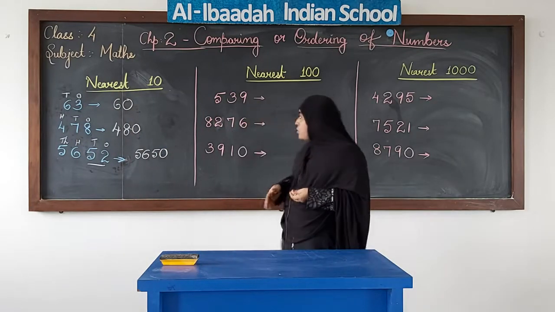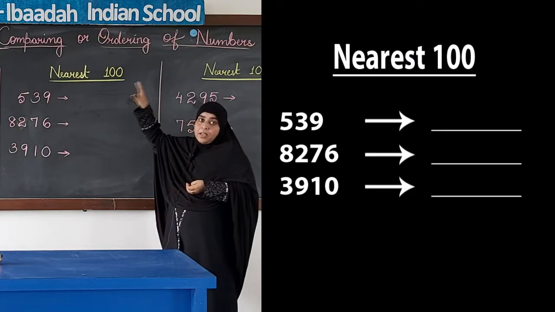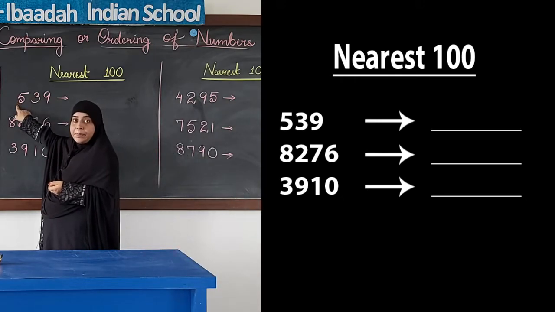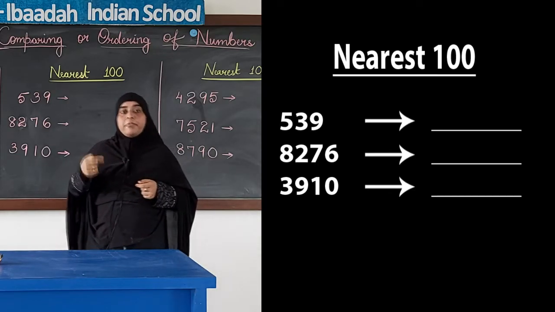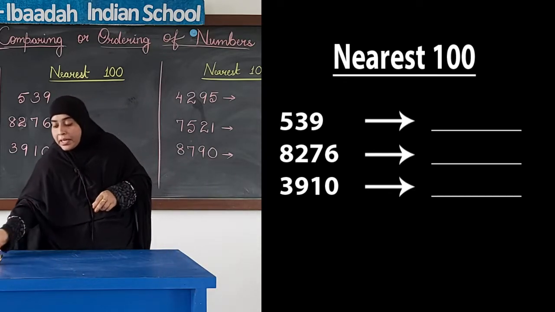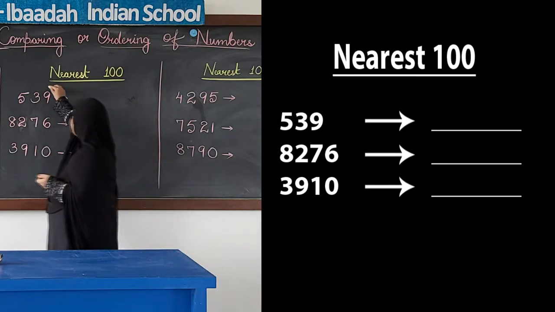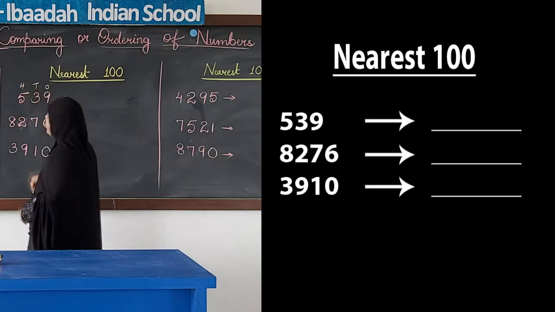Okay. So, now we move on to our next part, that is nearest 100. Now, when we say 100, we have to change the hundreds place, like hundreds means 100, 200, 300, 400. So, we have to see which 100 the number is close to. Okay. So, we start with the first number, ones, tens and hundreds.